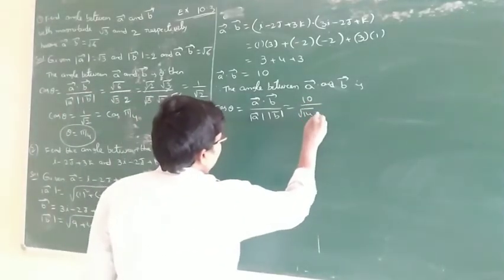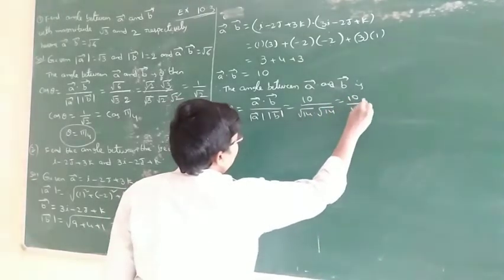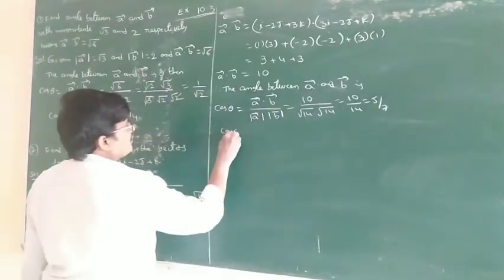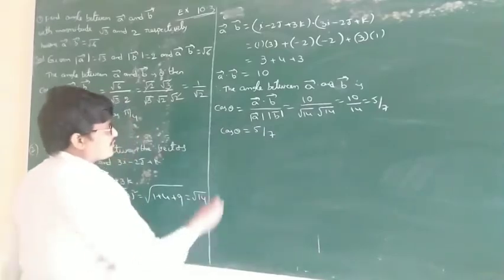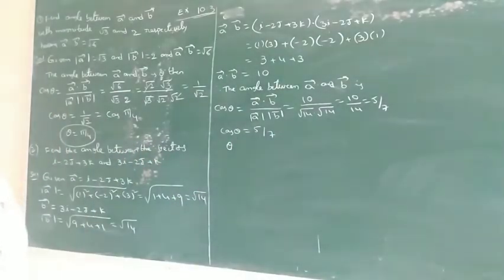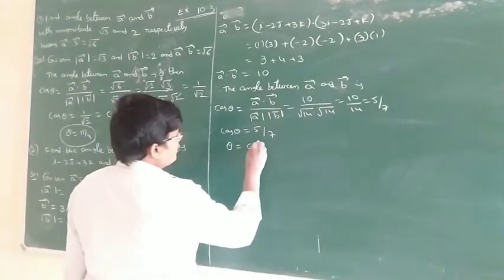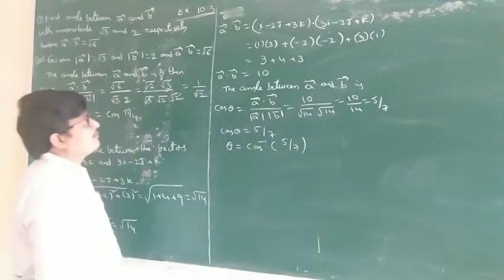Magnitude of A bar into magnitude of B bar is 14. So cos theta is equal to 10 by 14, that is 5 by 7. Angle means theta, not cos theta. So theta is equal to cos inverse of 5 by 7. Okay.